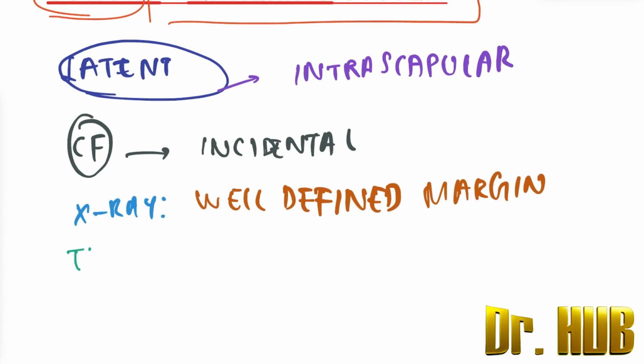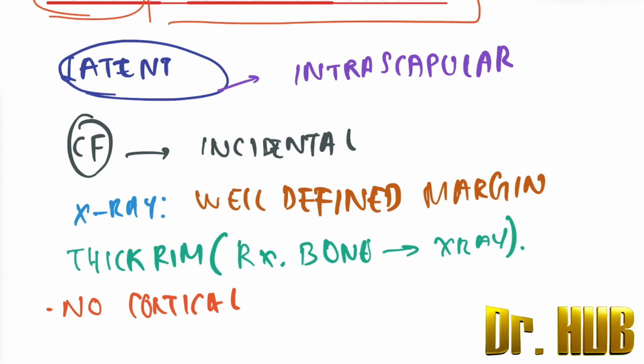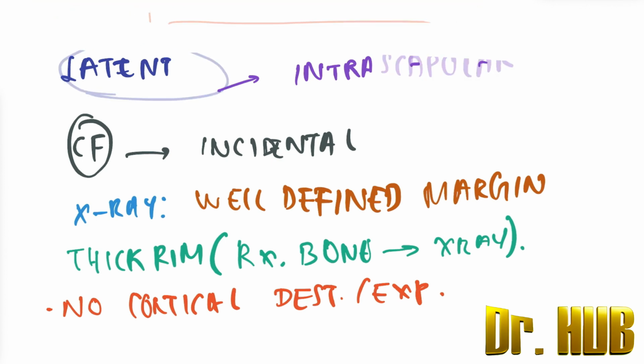There is a thick rim of reactive bone on the X-ray, and there is no cortical destruction or expansion.